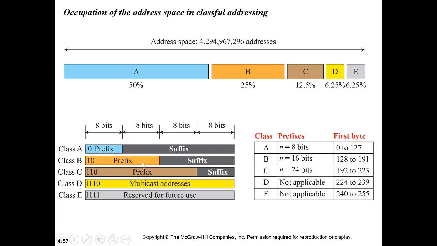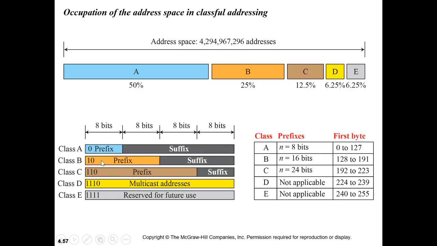Now see here how the classes are defined. 32 bits are divided into four groups of 8 bits. Class A is defined by the first 8 bits, which is called the prefix, and the remaining 3 bytes are called the suffix.